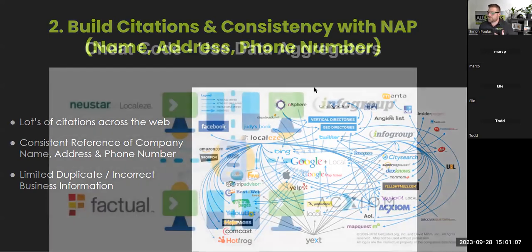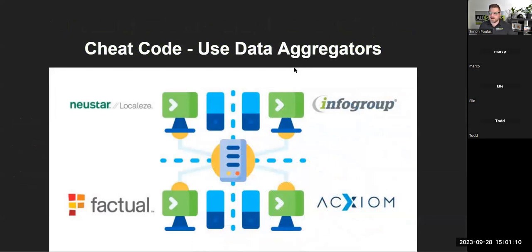They come with a bit of a fee, but they have networks of citations that they will automatically post your listing on and update any information you have. So it's a bit of a cheat: you put it in one spot or a few spots, and it publishes to all these different areas. If you change location, address or phone number, you just change it in these, and it publishes that change to all of those citations for you.